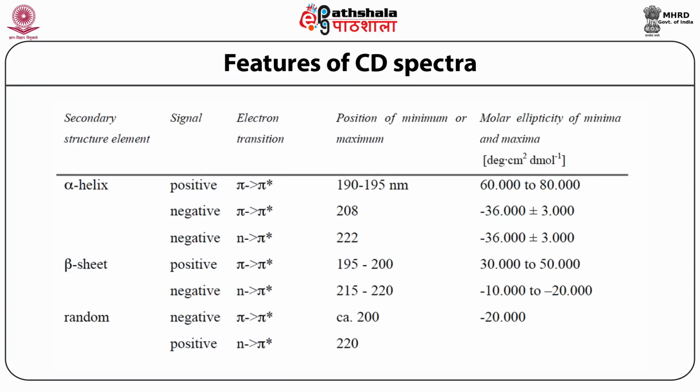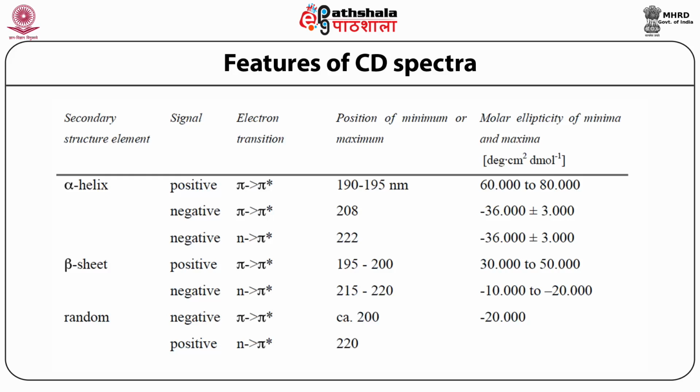We now discuss the features of the CD spectra. For the alpha helix secondary structure element, the signal is positive and gives the pi to pi transition. Its position is between 190 to 195 nanometer.